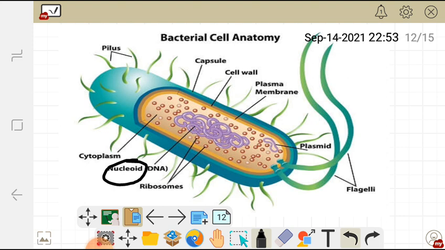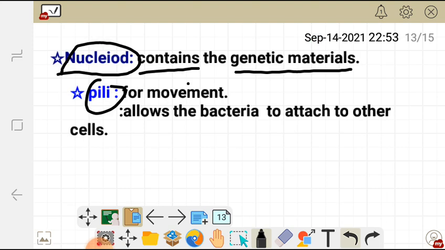The pili, in singular pilus, are hair-like structures on a bacteria or prokaryotic cell. Those hair-like structures help the cell with movement and allow the bacteria to attach to other cells. Like when it moves, it can attach to other cells in the body through the same pili.